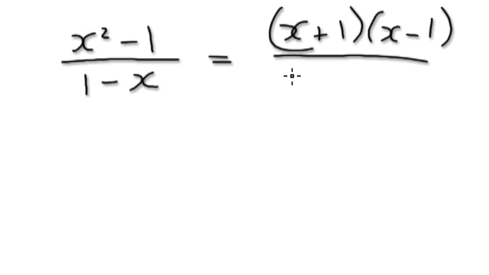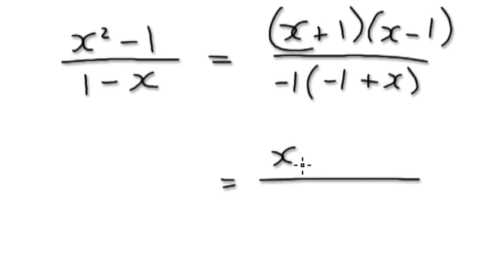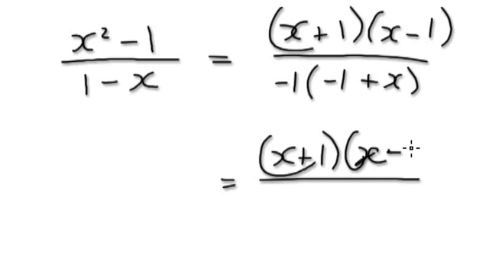So what you do, it's just a trick. You take the minus 1 out as a factor, so it becomes minus 1 plus x. Rather than writing minus 1 plus x, you can just switch them around. So it becomes x minus 1.